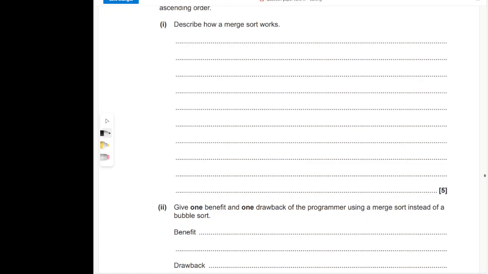There are 2 phases to merge sort. So we need to explain the split. There's a premise that we're working to. The premise is a single item in a list is automatically sorted.